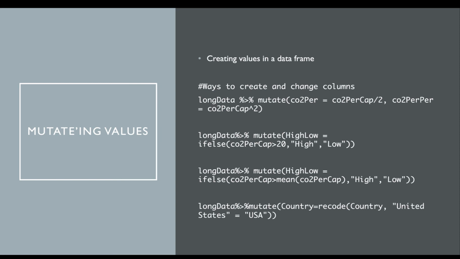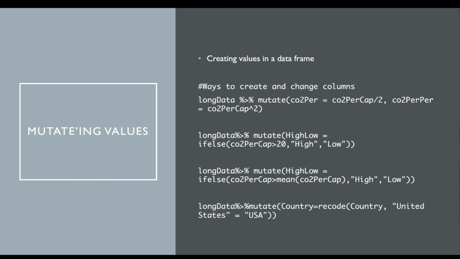The second example of the mutate function indicates how we can create another column, in this case high-low. Long data is piped to the mutate function, and the mutate function is creating a column called high-low. The high-low column is getting values high or low based on the evaluation of a condition.